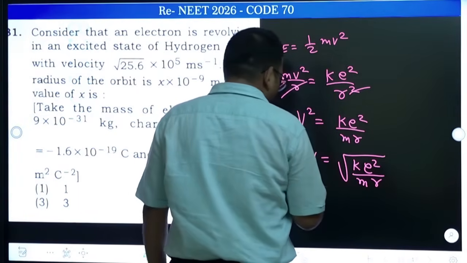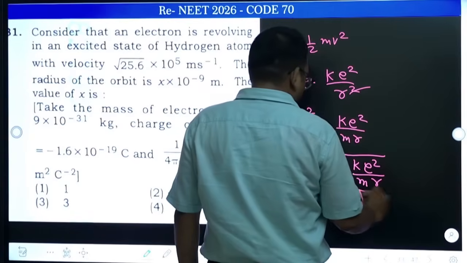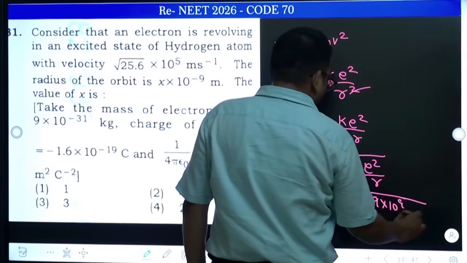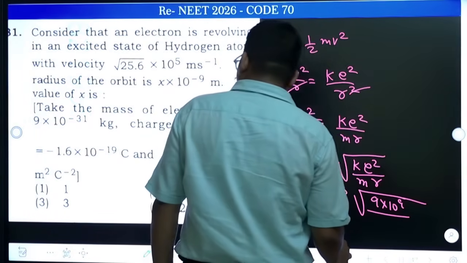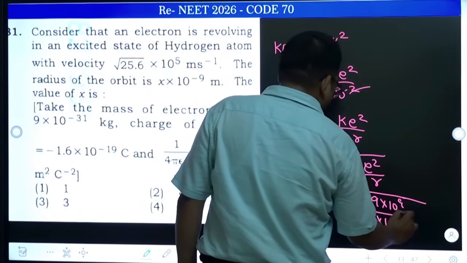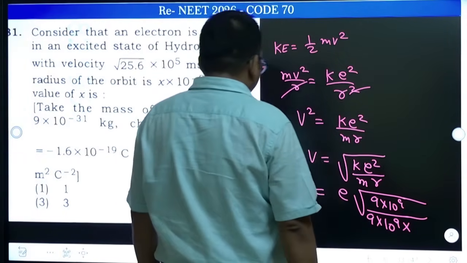Now let us substitute. E will come out, root under k is 9 into 10 to the power 9. Mass of electron we will substitute. Radius we will calculate.